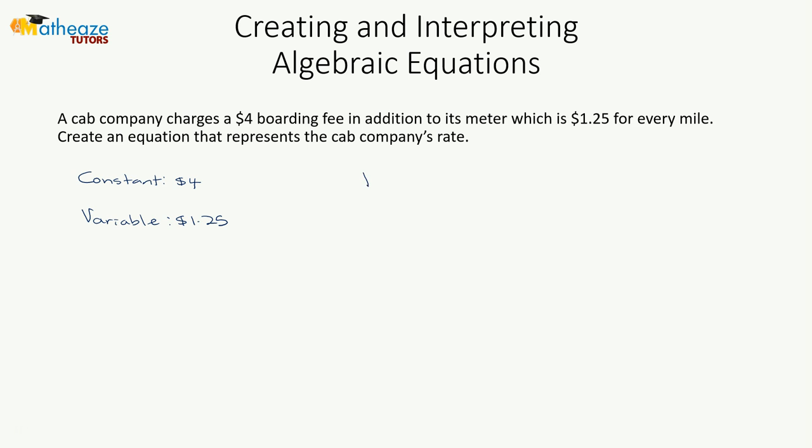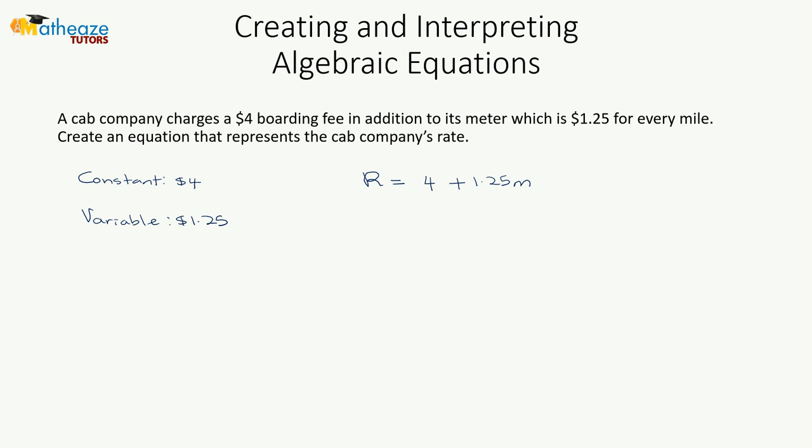Let's call it R. We're going to look for the constant, which is 4, and then a variable of $1.25, and then for each mile, let's call that M. So for every mile the customer travels in this cab, you pay a $4 boarding fee and $1.25 per mile.